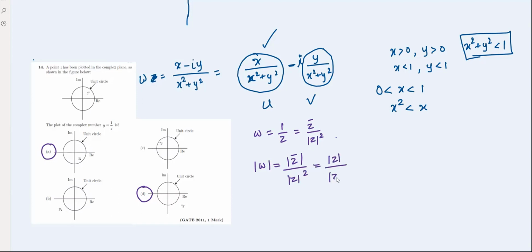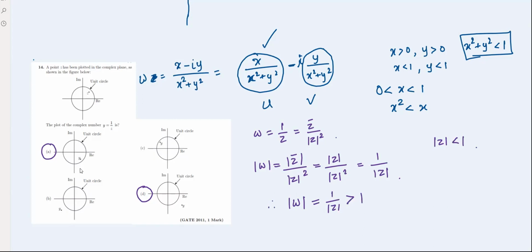Mod z bar is same as modulus of z. So you'll get 1 by mod z. Now in the given question, mod z is less than 1. Therefore, 1 by mod z will be greater than 1.